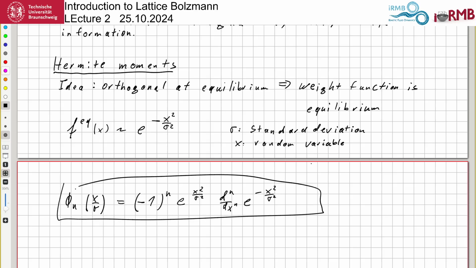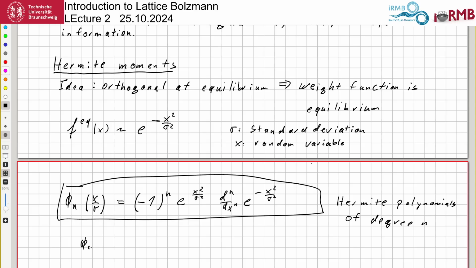If you take these derivatives, you get the exponential function, and they will cancel out with this one, and you actually get a polynomial. These are called the Hermite polynomials of degree n.